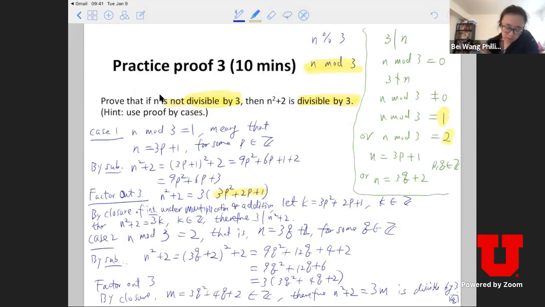Based on that, the highlight of this proof is that you express the integer under two cases, either 3p plus 1, so it has a remainder of 1, or it has a remainder of 2. Then you use algebra, substitution, factorization, and the closure property of the integers to arrive at your final proof.